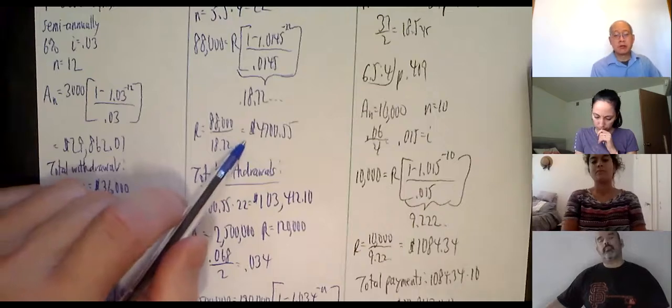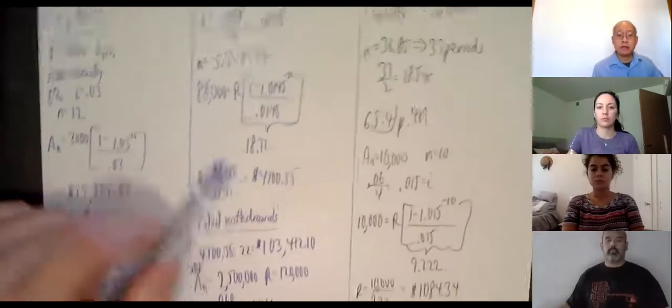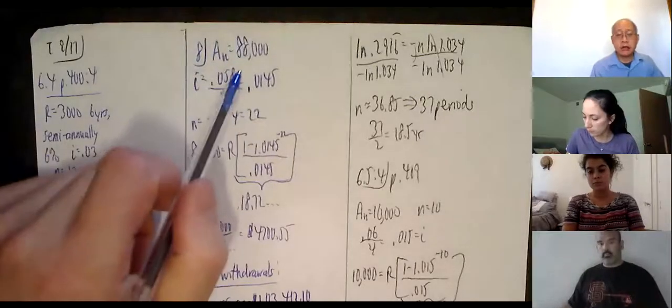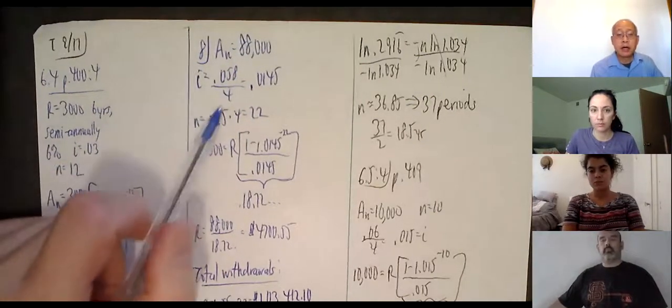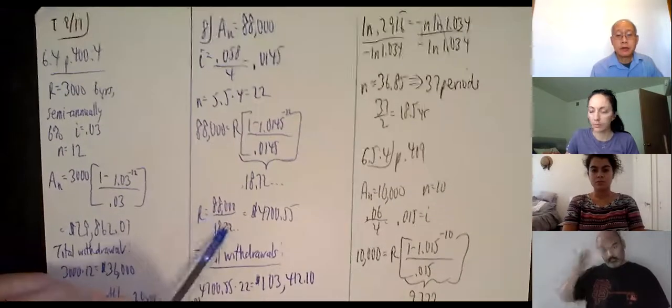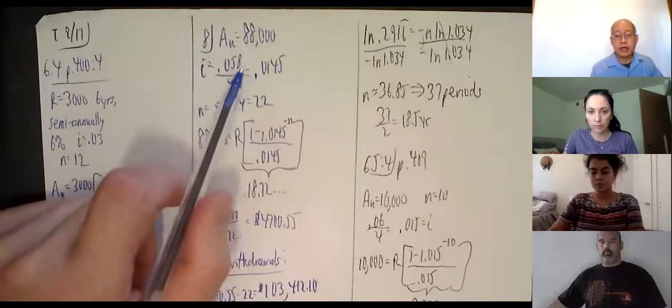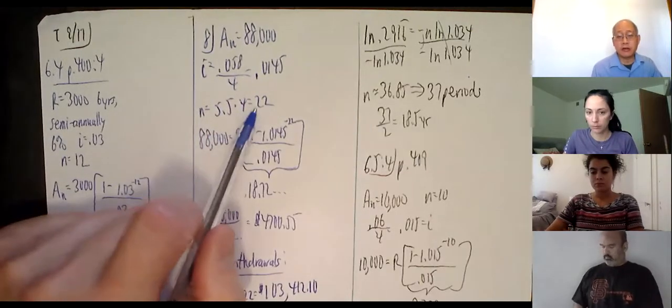Let me mention a little bit more again. What's the total amount of withdrawals I can take out? Under this scheme, I plunked down $88,000. If I can take out 4,700.55 every quarter, then it'd be all drained down to zero after 22 periods or 5.5 years.